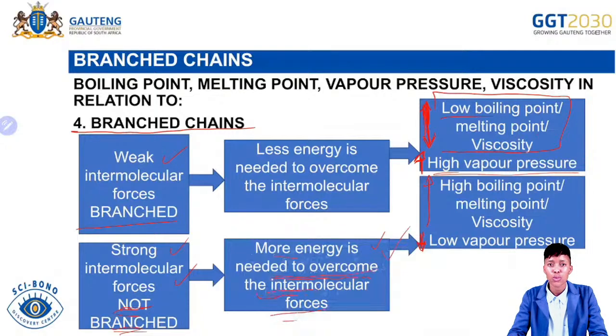So to overcome the intermolecular forces. So whenever you see more energy, therefore it means you will have a high boiling point, melting point, viscosity, and therefore you'll also have a low vapor pressure.